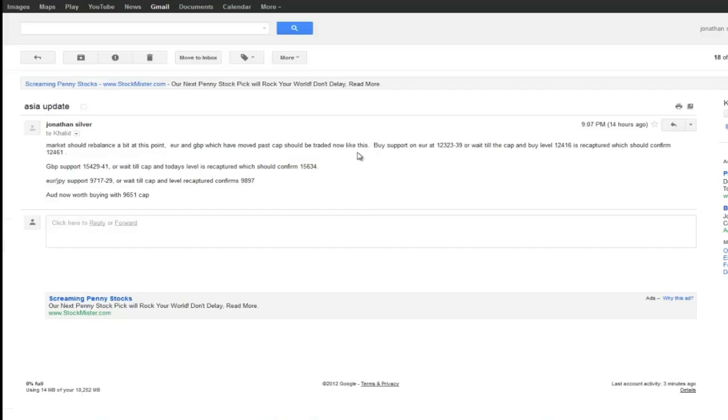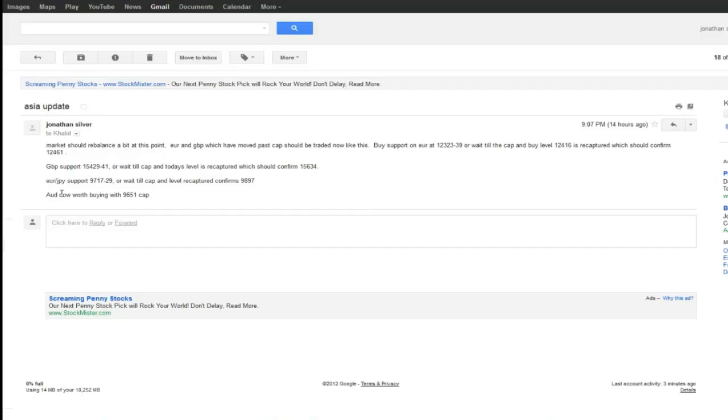So if it's moved past the cap and you're either still in the trade or you want to get back in the trade, the suggestion to handle in this environment is either the next zone that I give, or wait until the level is recaptured, and that's what I want to show you on the chart, what that means.